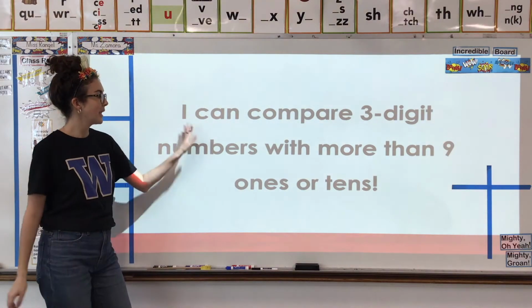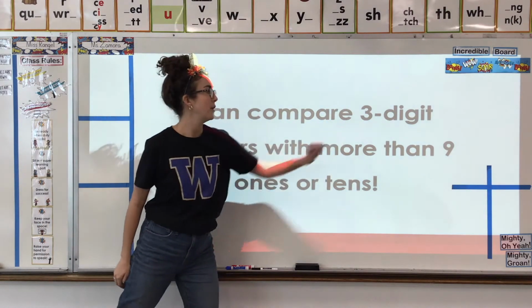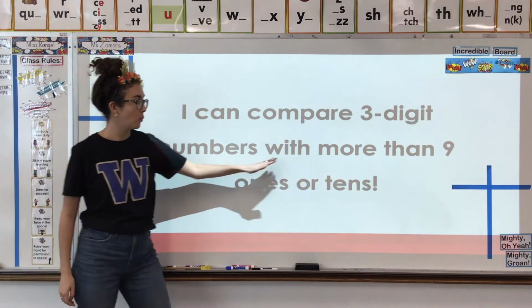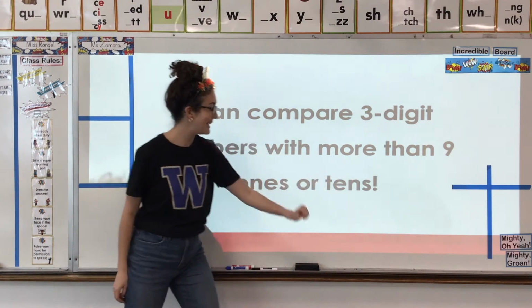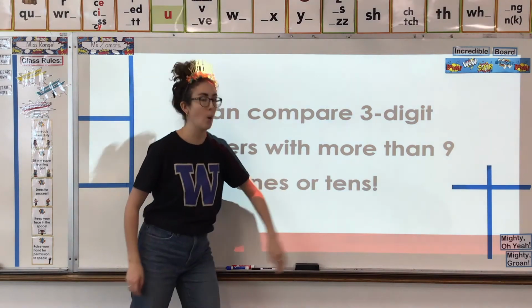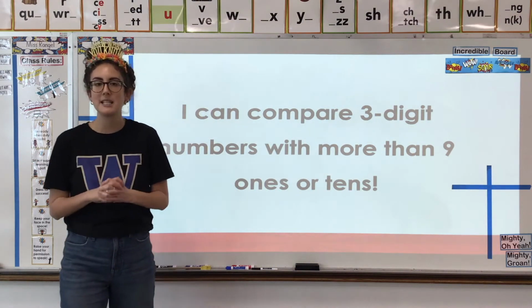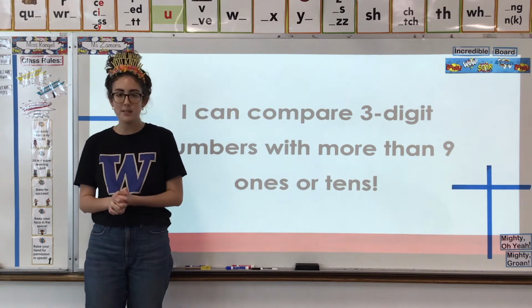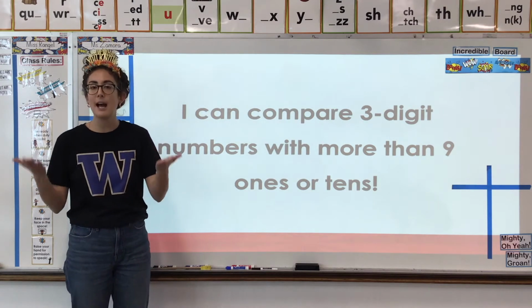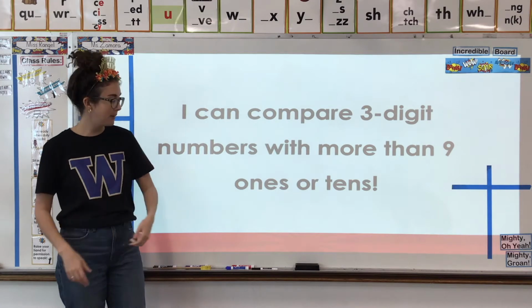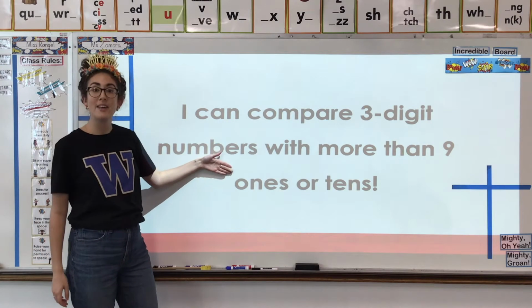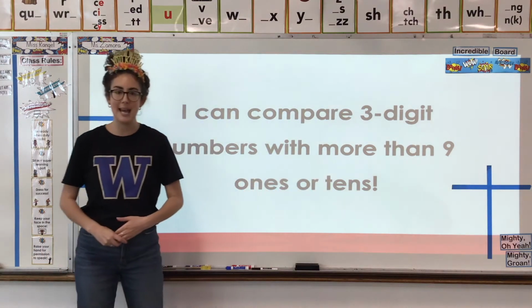It says, I can compare 3-digit numbers with more than 9 ones or tens. So our new challenge that we're tackling today with comparing 3-digit numbers is when we are given a 3-digit number in unit form that shows it has more than 9 ones or 9 tens.